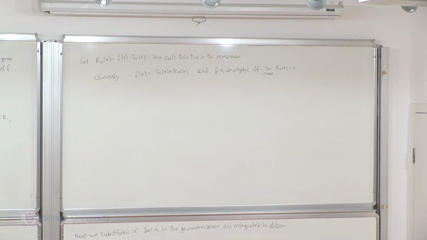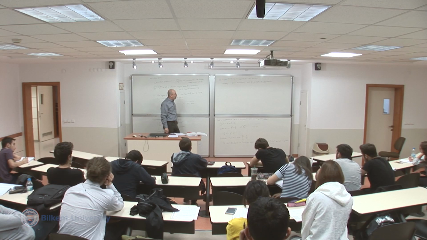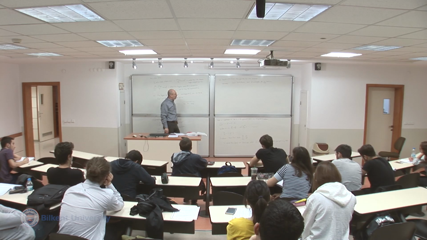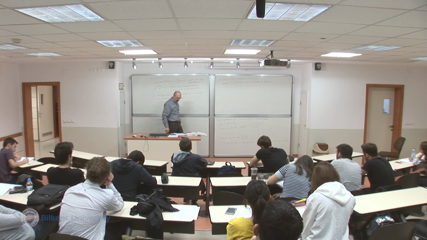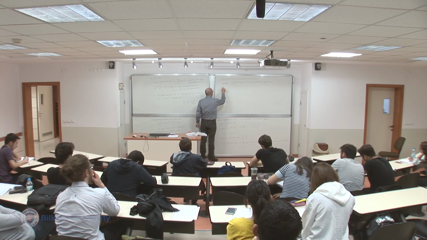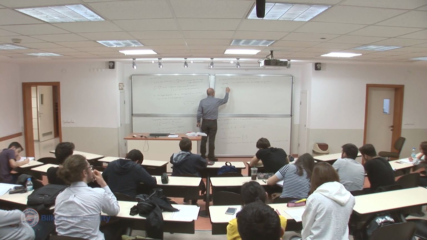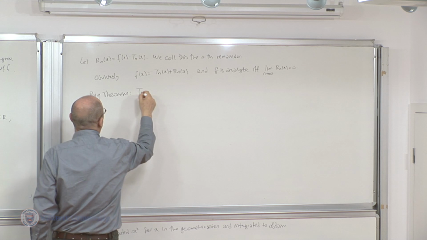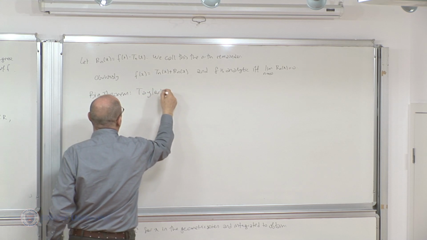An obvious observation. This obvious observation would not be any use if we didn't have an expression for R_n. So that's the big theorem. The big theorem of this topic is the following. This is called Taylor's theorem.